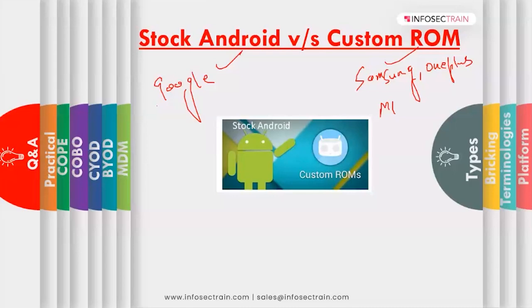That is the one showing how Android exactly looks and what features Android exactly has. That is called stock Android. Only Google uses it, right? And custom ROMs are where the code of Android is tweaked a little bit, right? When changes are made to the code and then deployed, that is known as custom ROM. Yep.